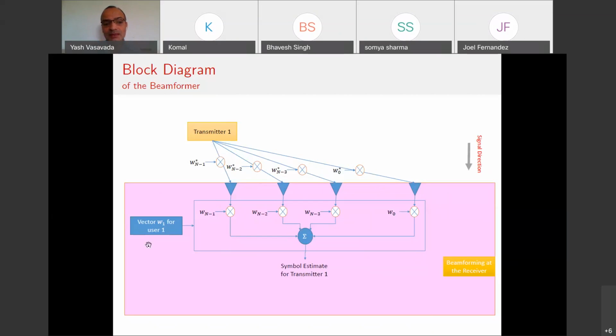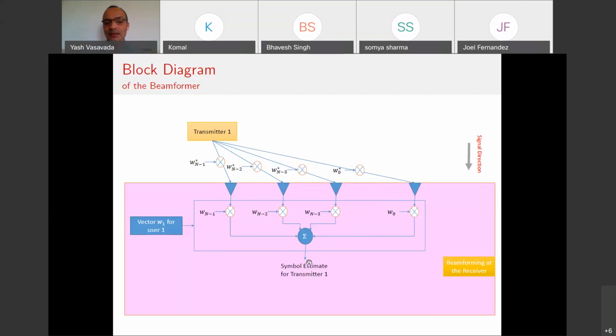But with this, we have a vectorial representation of the signal at the output of these different elements, and we can think of our beamformer also as a vector of beamforming coefficients. The output of the beamformer is nothing but the dot product between this vector here, which we can call the propagation vector or array vector or array signature vector and so on, with our beamforming vector.